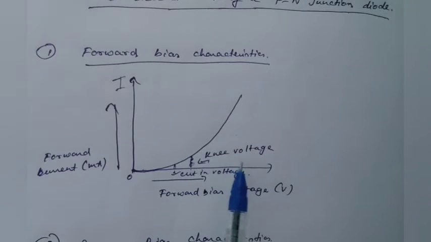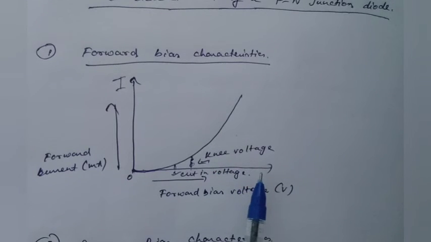It is about 0.2 volt for germanium and 0.7 volt for silicon, and after that cut-in voltage the diode current increases rapidly even for a small increase in the diode bias voltage.